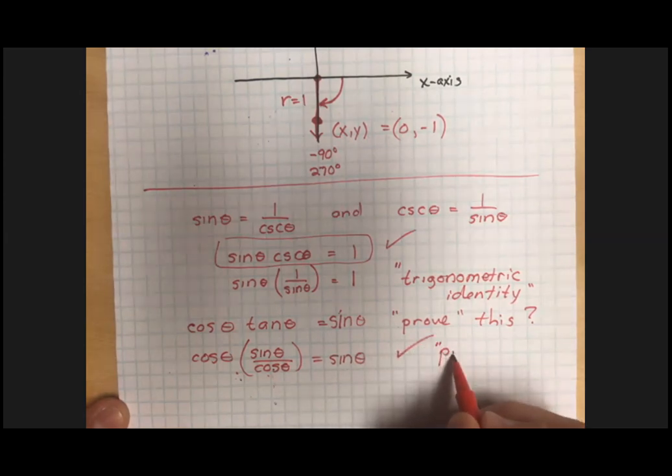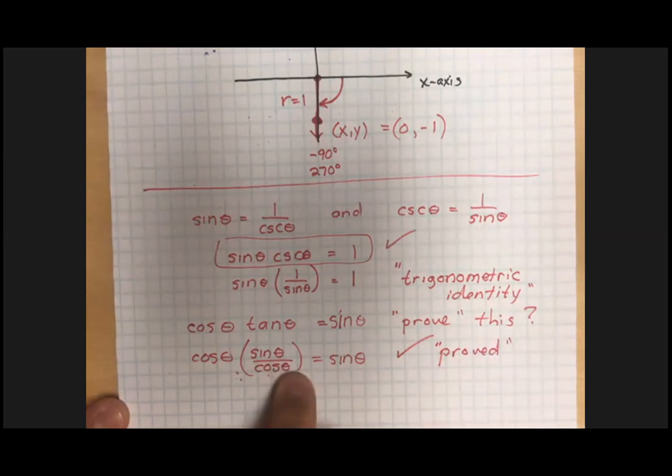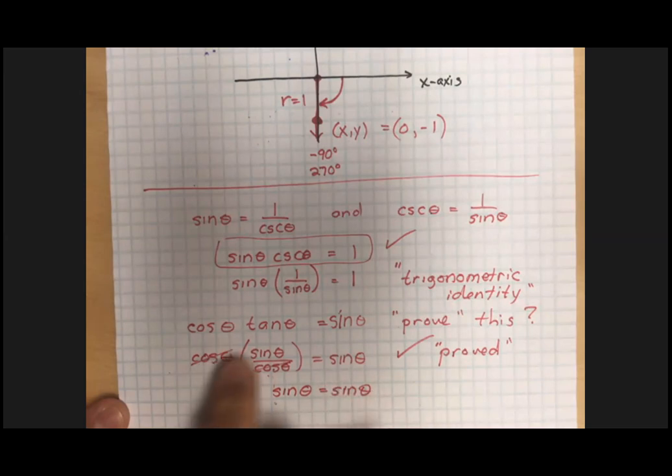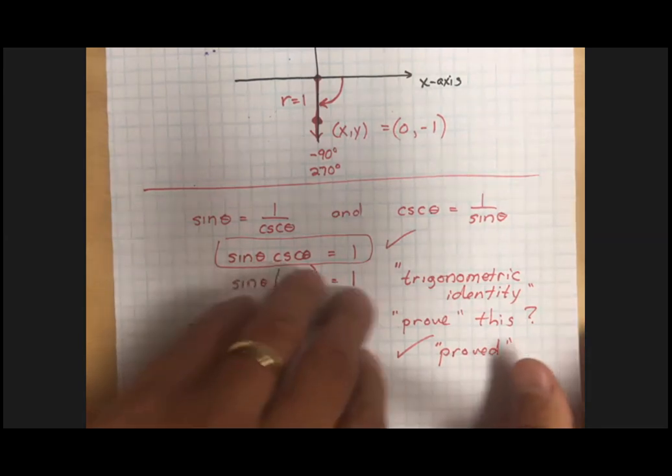You say, I proved it. I showed you that they were the same by simplifying that side until it matched. That's called proving a trigonometric identity.